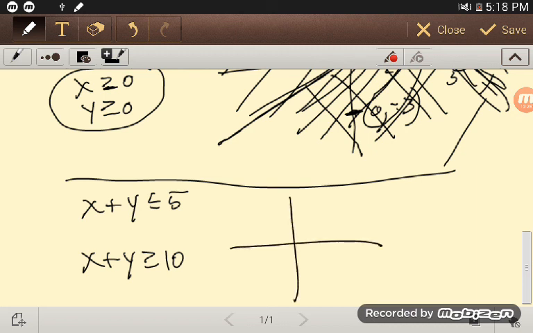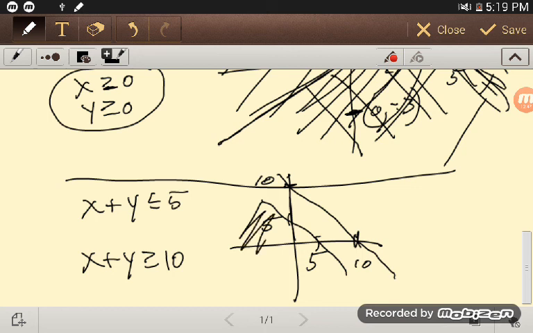And of course, what this would look like is, there's my 5s. But now when I go out here to 10 for each of these, again, when you look at the regions that go with these inequalities, here 0, 0 works, and so I shade in that side.